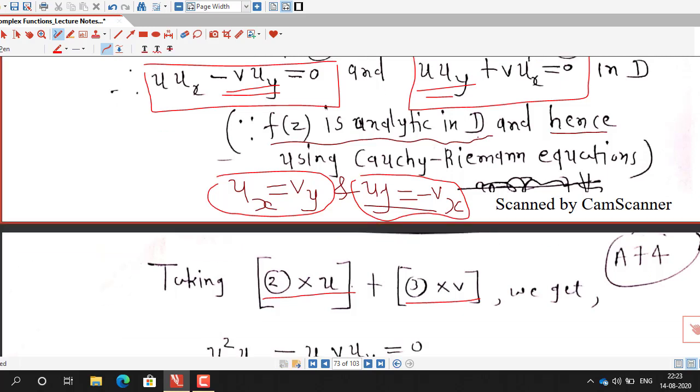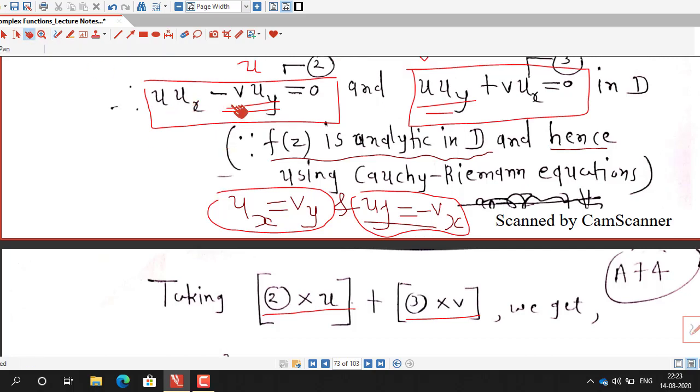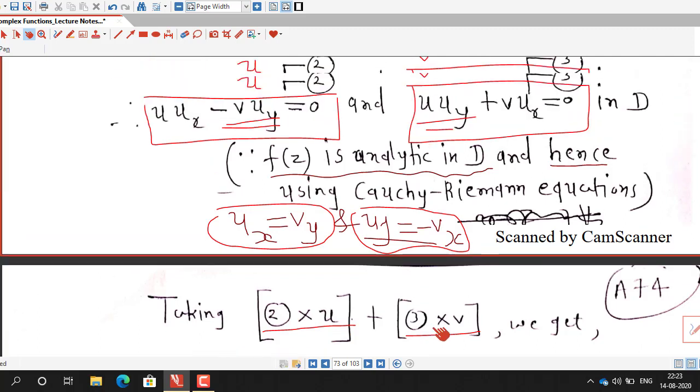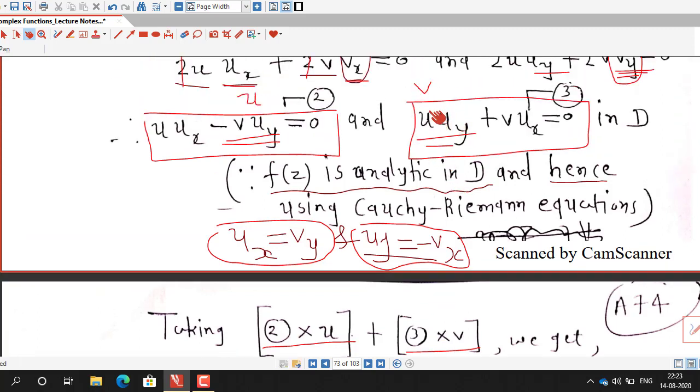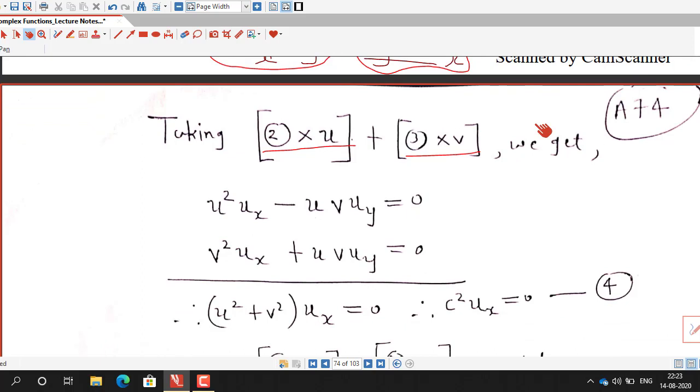So here if I multiply this by u, I will have u square into ux minus uv into uy equal to 0. Similarly, if I multiply this with v, I will have uv into del u by del y plus v square into ux equal to 0.